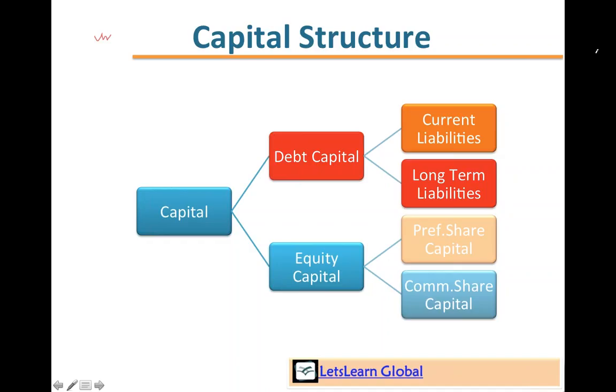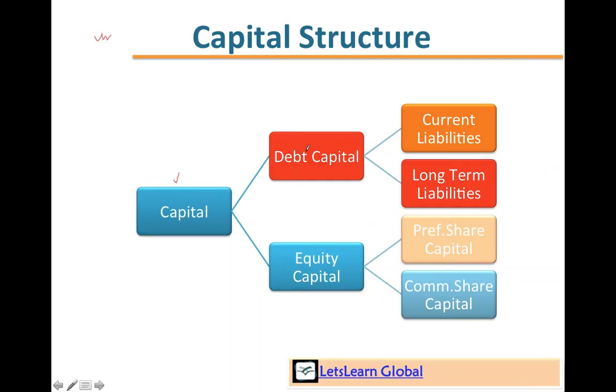In this analysis, we purely depend on balance sheet items, wherein capital is used to purchase total assets. The issue is how the total assets are funded, whether from owner's money alone, that is equity capital, or debt capital alone.